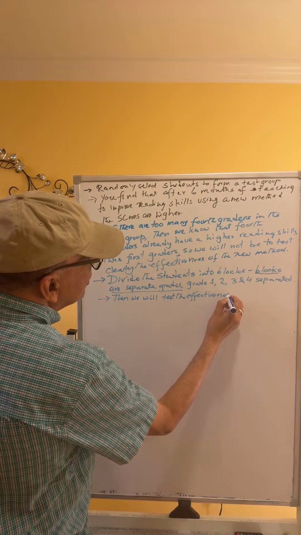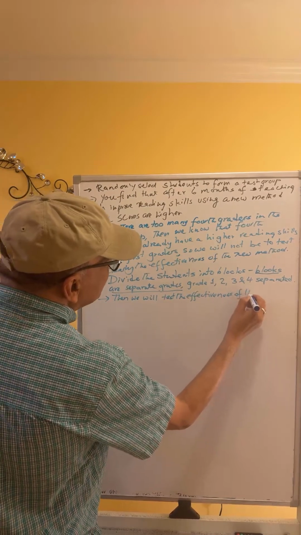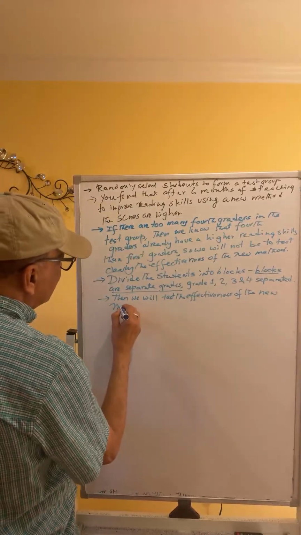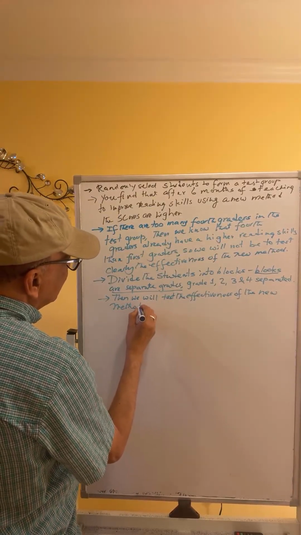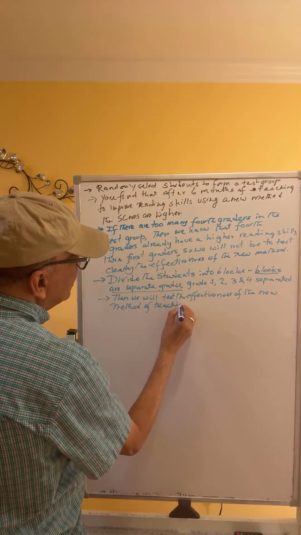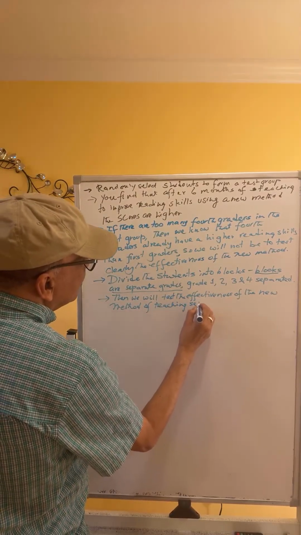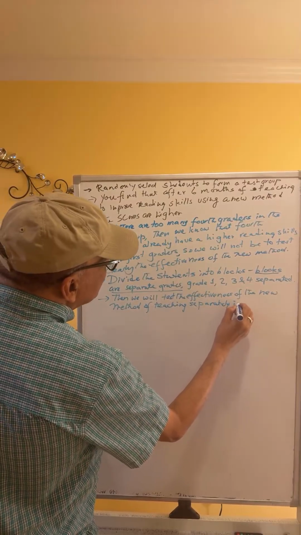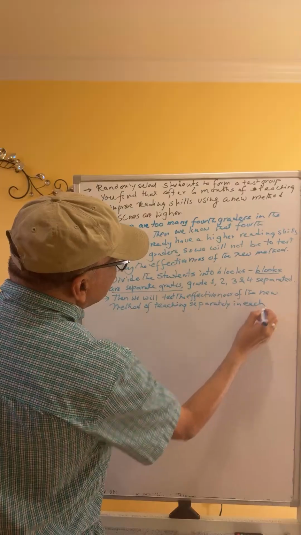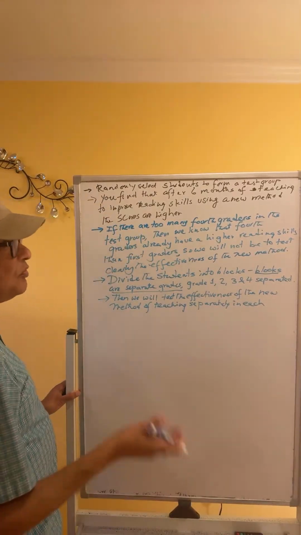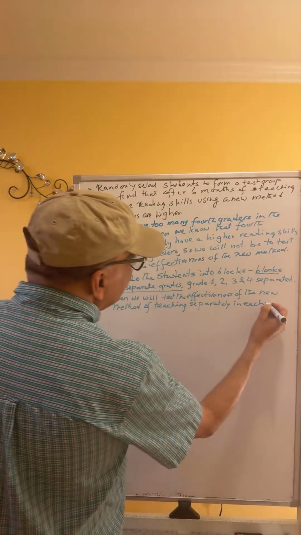Effectiveness of the new method of teaching separately in each block. That will give us a true picture whether the new method has significantly improved the reading skill in each block.